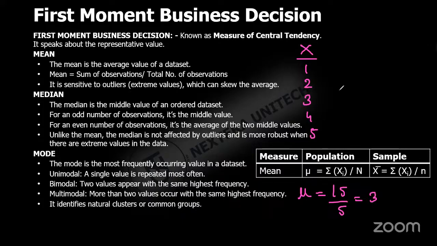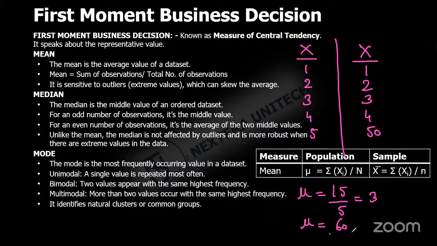Fine. Accepted. In the same data, if there is an outlier, see what's happening. Instead of 5, if there is a value like 50, now calculate mean and let me know. 1 plus 2 plus 3 plus 4 plus 50, it is nothing but 60, divided by 5. Is it 3?